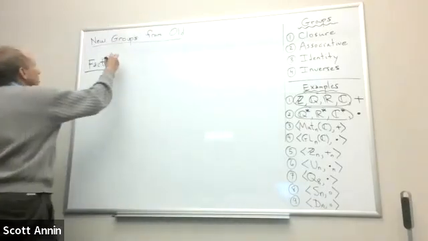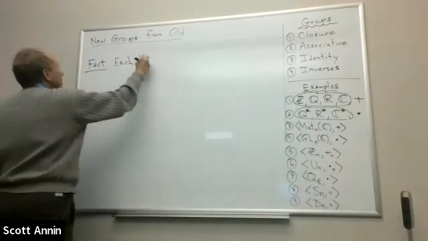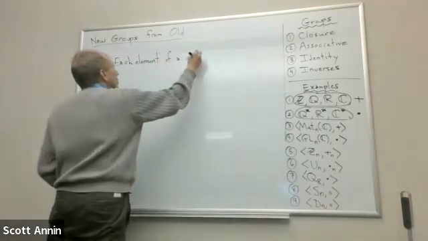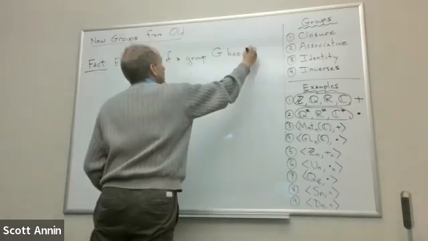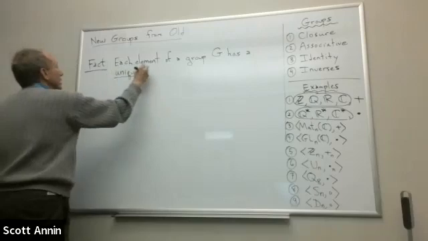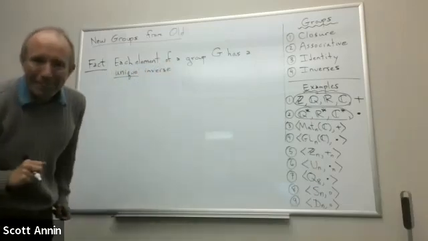Okay, so let me just say each element of a group G has a unique inverse. Has to be unique.